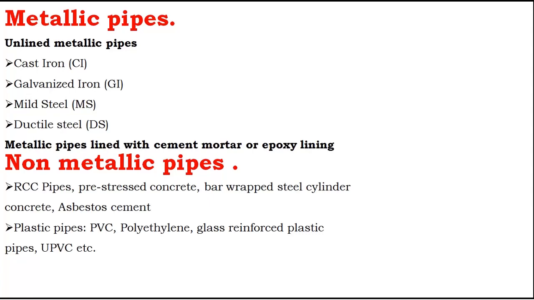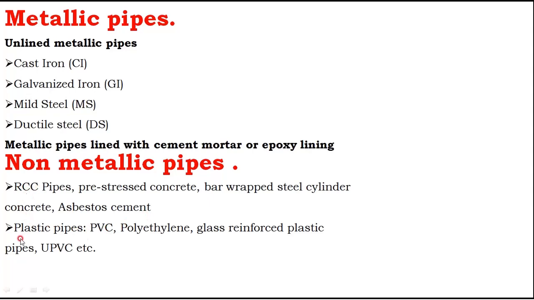Epoxy means again a coating agent that they can coat it. Non-metallic pipes: usually RCC pipes are there, reinforced pipes. Cages they will make and they will put concrete. Pre-stressed concrete pipes are there. Bar wrapped steel cylinders are there, and asbestos cement pipes are there.